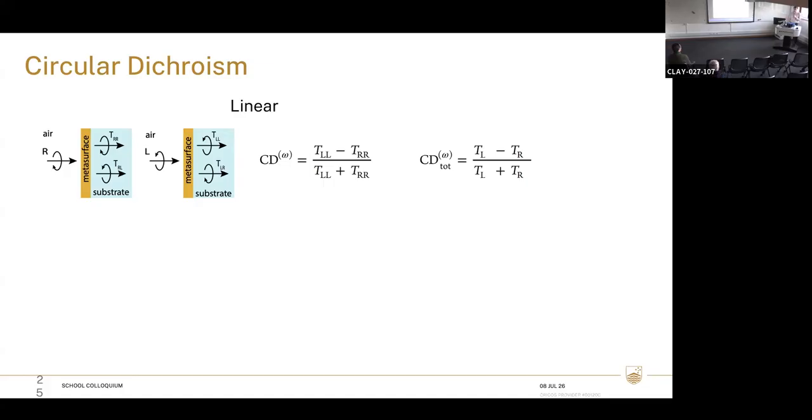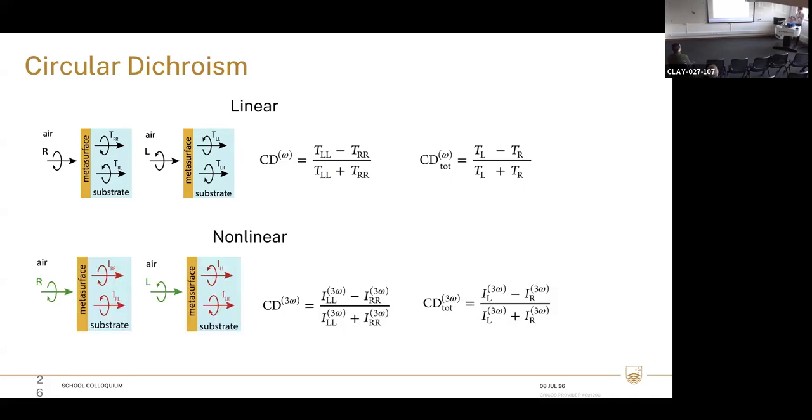Then the CD, which is so-called circular dichroism, will be just the difference between the L component and R component divided by the sum. And for the nonlinear case, it's almost the same, but here instead of the transmission, we have the intensity of the harmonic.